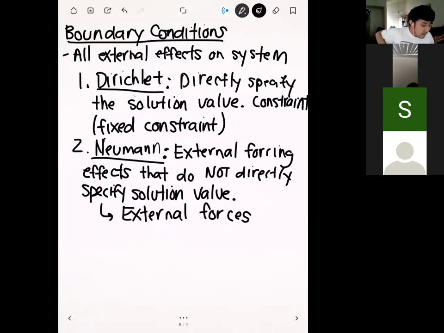What's going to happen with these boundary conditions and how we apply them is that they are going to affect the matrix set of equations that we have for our system.